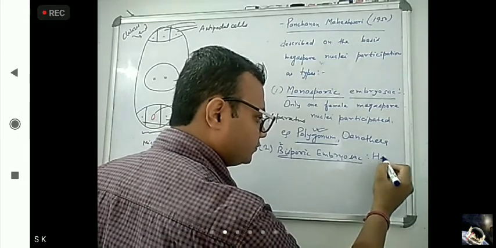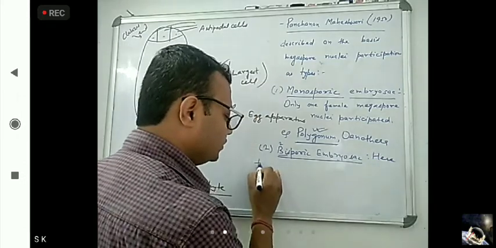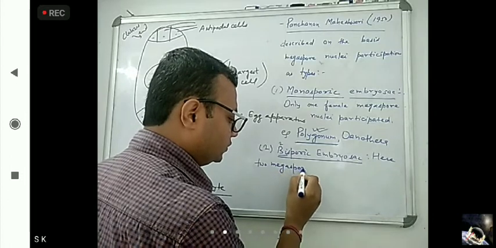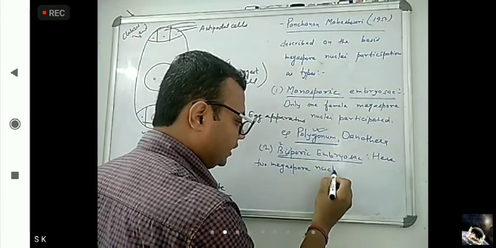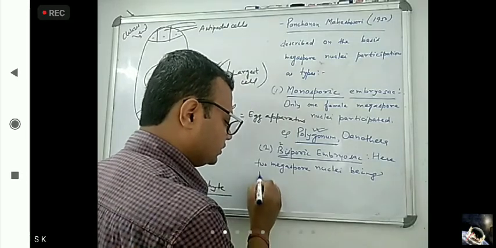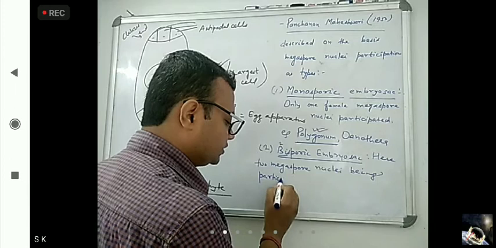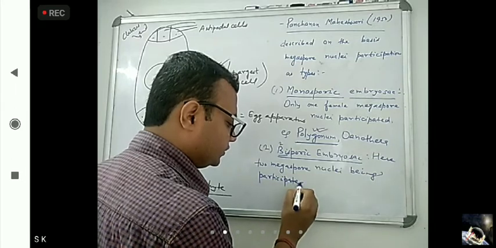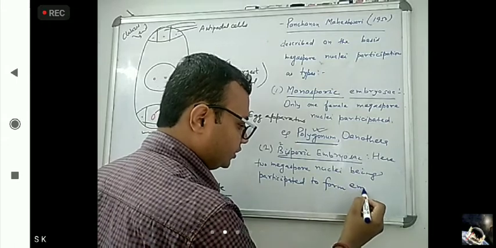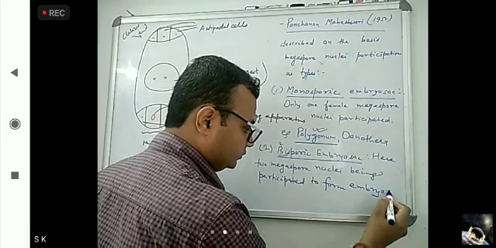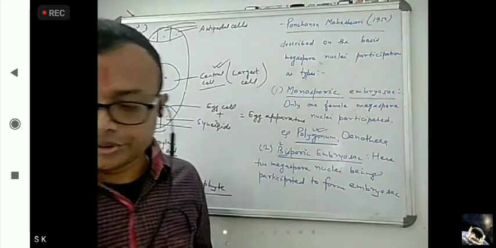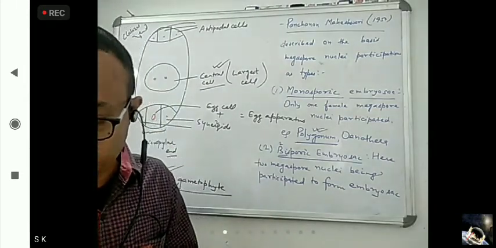So here two megaspore nuclei participate to form the embryo sac or female gametophyte. So it is the bisporic embryo sac.